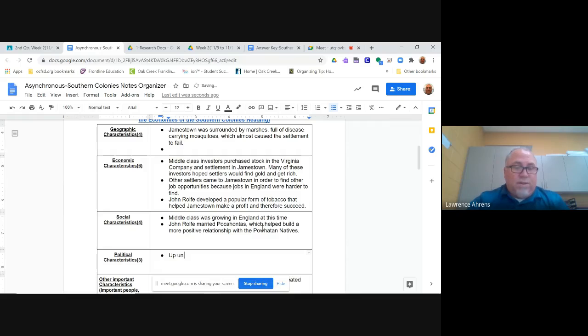So up until 1624, colonists had a charter to settle and made many of their own rules.